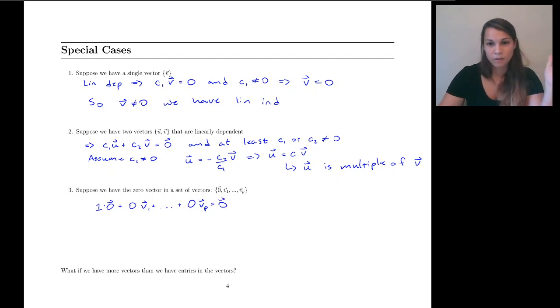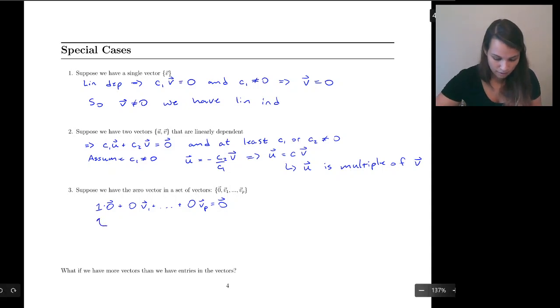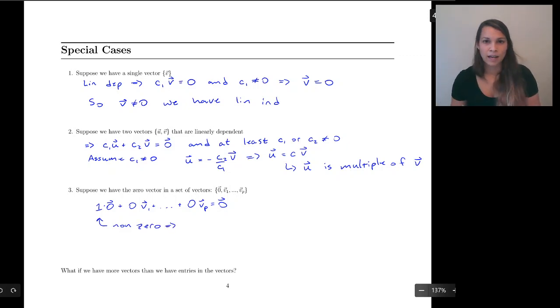So since the coefficients are 0, all those terms are 0. And then the 0 vector times any constant is going to be 0. So you have 0 plus 0, and that's equal to 0. Therefore, I found something where a coefficient was not 0, so non-zero, which means that we have linear dependence again. Okay.